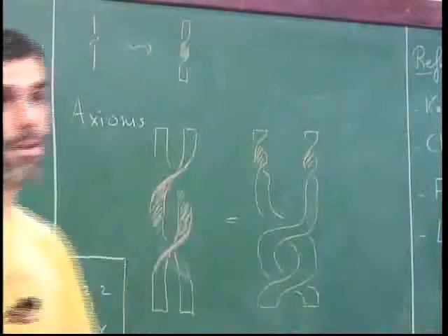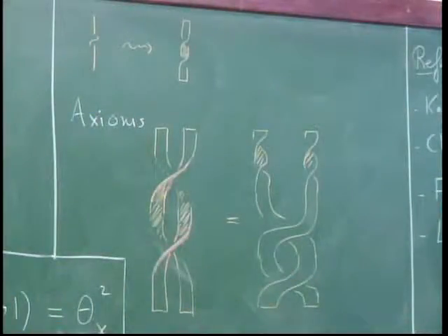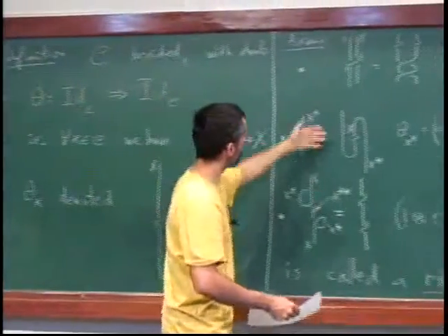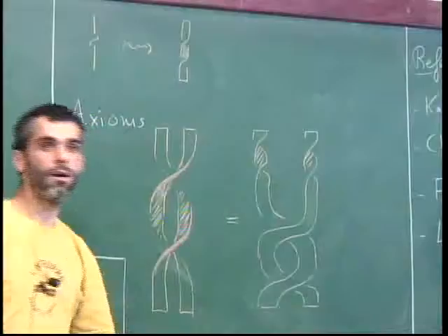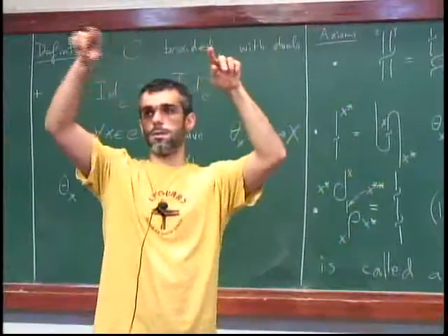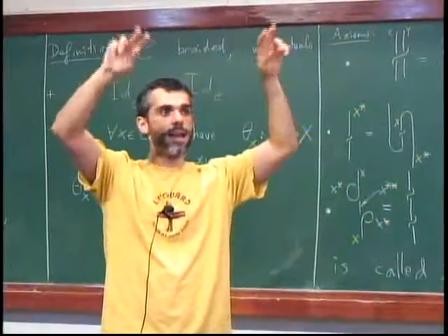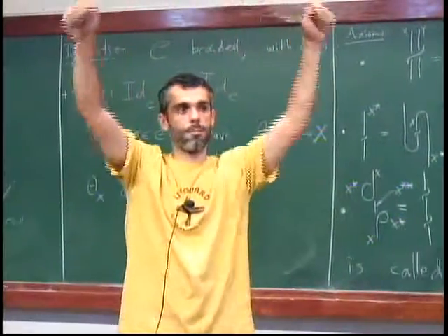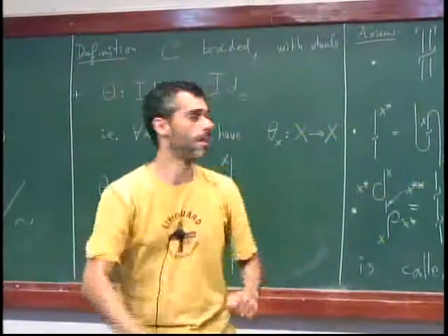More generally, in a ribbon category, any ribbon tangle, any such picture that you might want to draw, if you label the various ribbons by objects, then any such picture corresponds to a morphism from the tensor product of the objects on the top to the tensor product of the objects on the bottom.